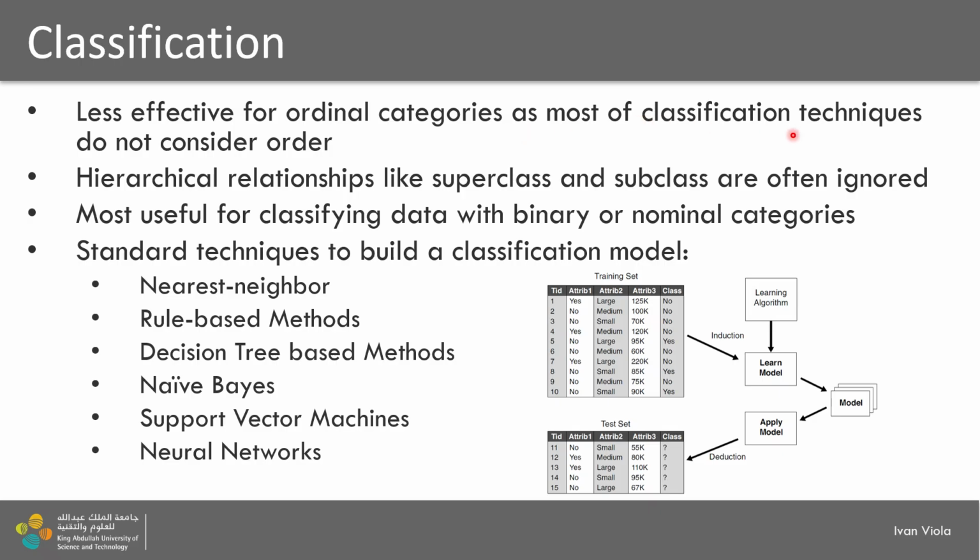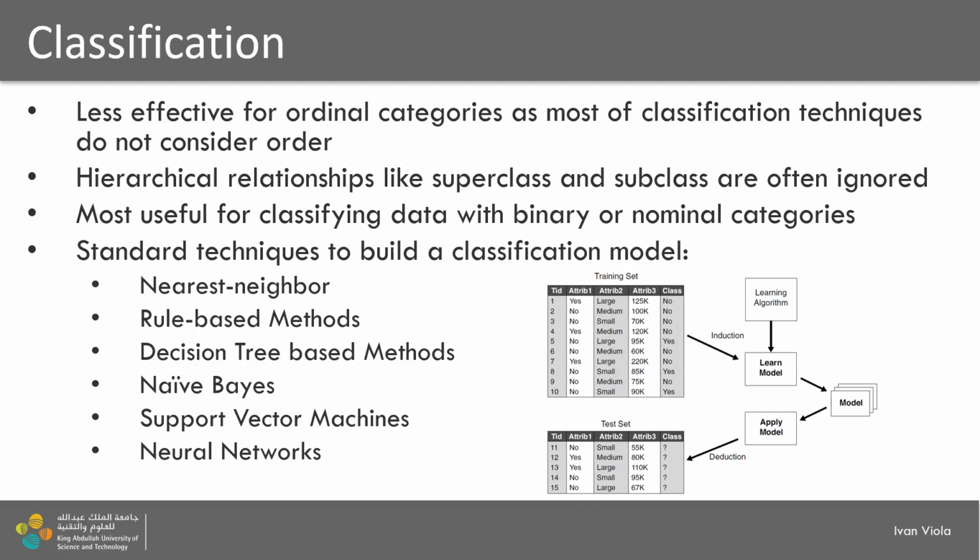Most classification techniques do not consider order, and therefore they do not really differentiate between small, middle, and large. They treat them as three different categories without the relationship of an order between them. Similarly, hierarchical relationships such as superclass and subclass are often ignored.